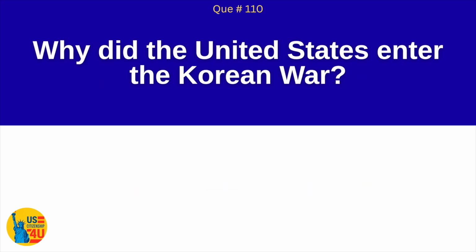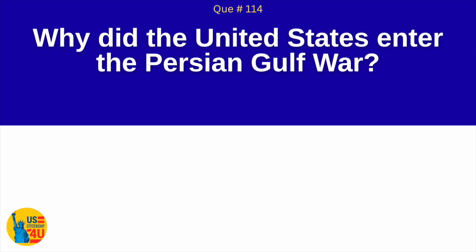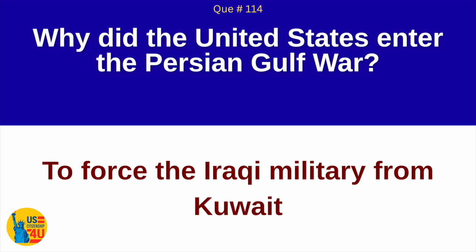Why did the United States enter the Korean War? To stop the spread of communism. Why did the United States enter the Persian Gulf War? To force the Iraqi military from Kuwait.